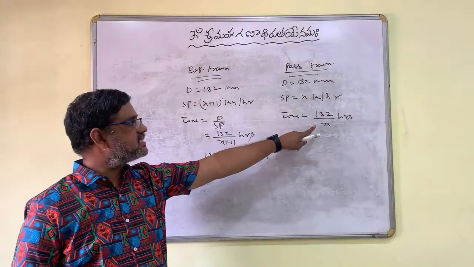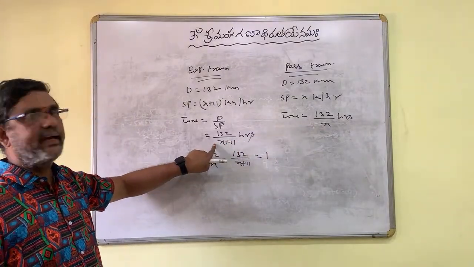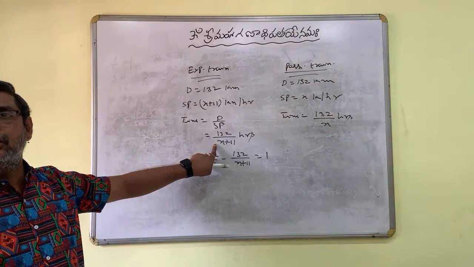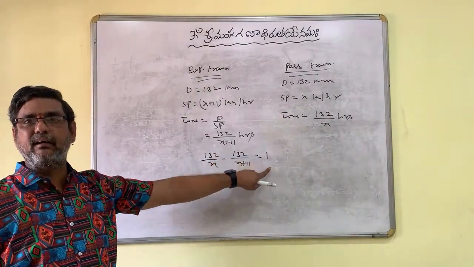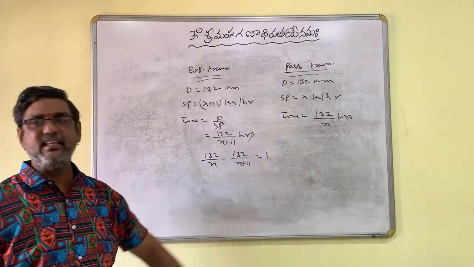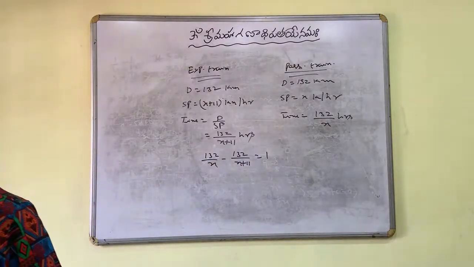Time taken by the passenger train is 132 by x. Time taken by the express train is 132 by x plus 11. Then the difference of times is 1 hour. So 132 by x minus 132 by x plus 11 is 1. Understand, children?